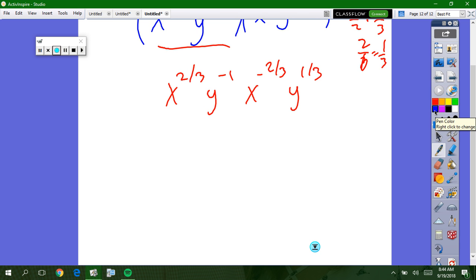What do I do with like bases when I'm multiplying? I add them. What's negative 2/3 plus 2/3? 0. What's anything raised to the 0 power? 1. If I didn't tell you that, you might want to know. Anything raised to the 0 power is 1. So therefore I have x to the 0, which is 1.